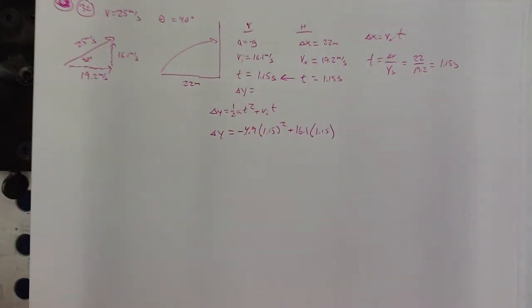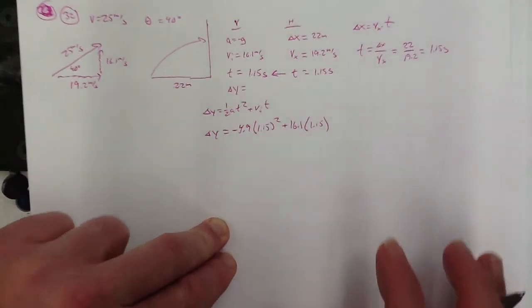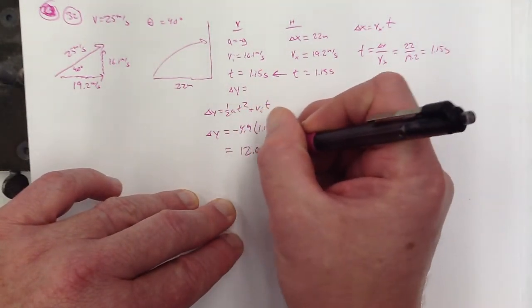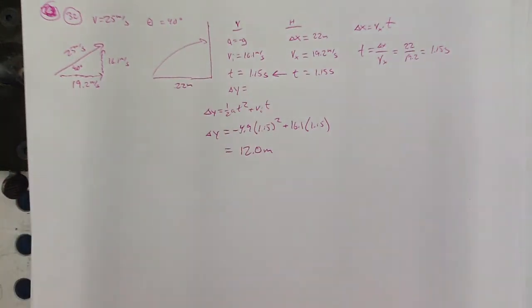Let's see what we get there. About 12 meters for that number 32.